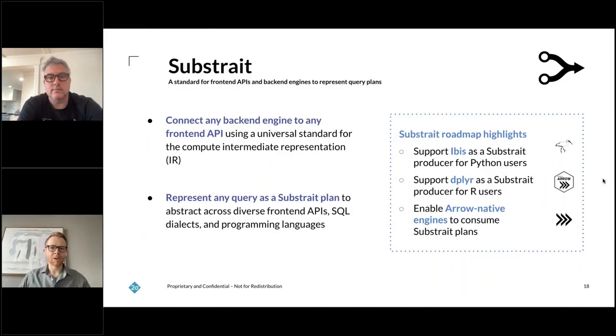The last component, which helps tie the room together, so to speak, is Substrate, which is a developer-centric project, but it provides an intermediate representation for describing complex analytical operations in a language-independent and back-end independent way.